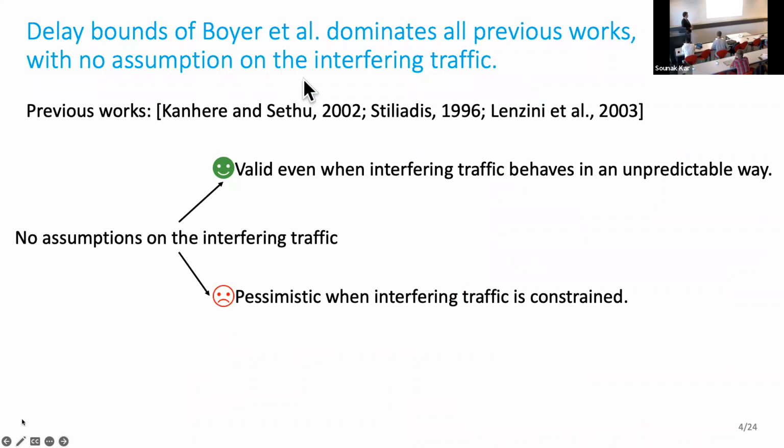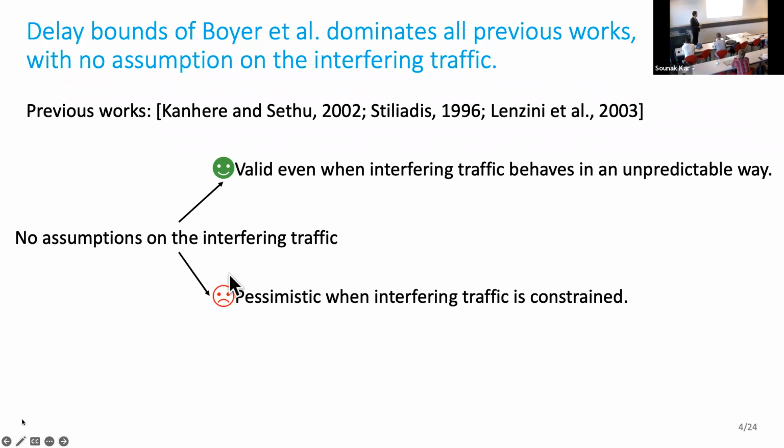The delay bounds of Boyer et al. dominate all previous works when there are no assumptions on the interfering traffic. Having no assumptions on interfering traffic, on one hand, means that these delay bounds are valid even when the interfering traffic behaves in an unpredictable way.